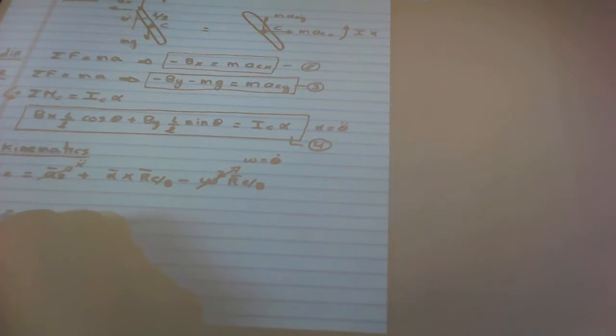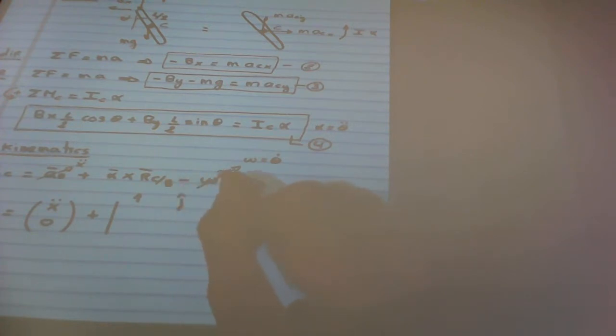So if we write this down in matrix form, this should equal x double dot, 0, plus we do here the cross product, I, J, K.